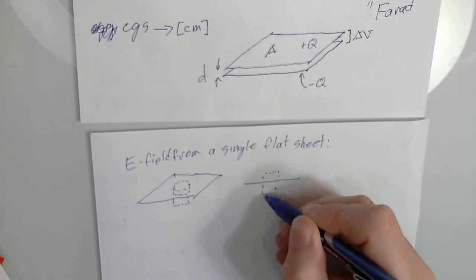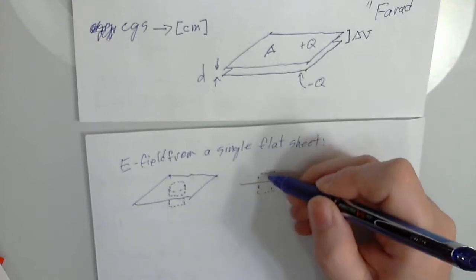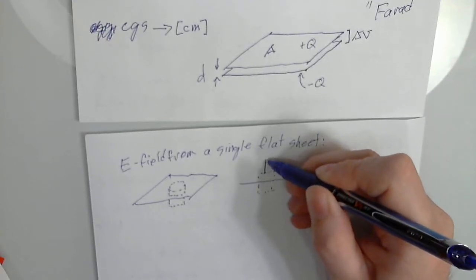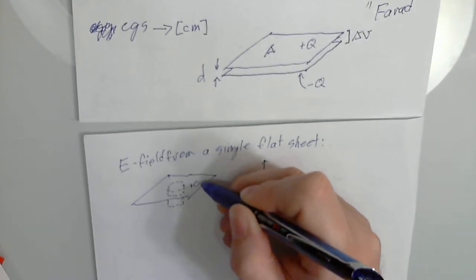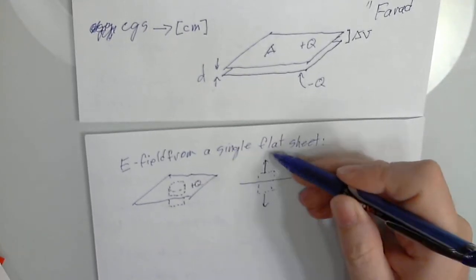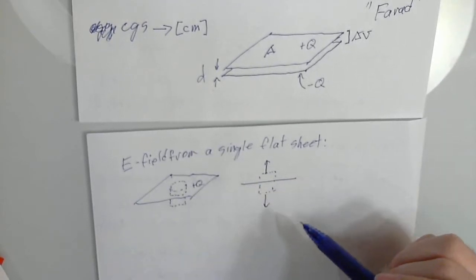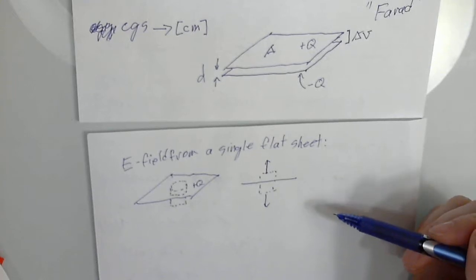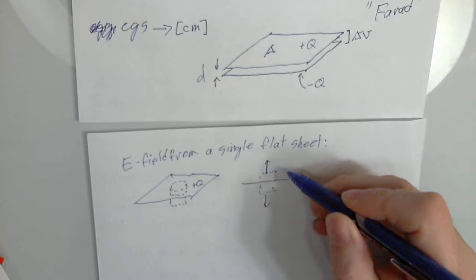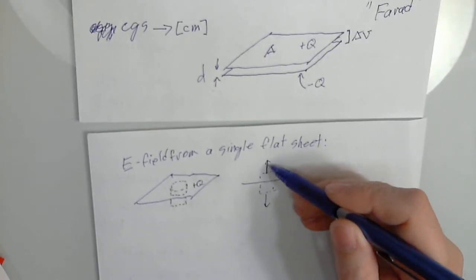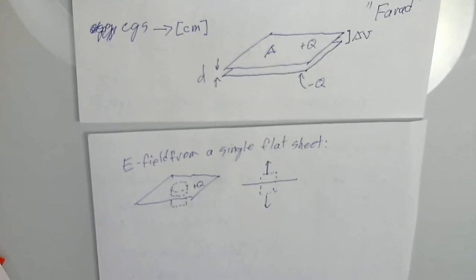So in side view it looks like this, and I calculated way back when that the electric field was pointed perfectly up and down, assuming this had a positive charge. Up when you're above the sheet and down when you're below the sheet, and assuming the sheet is very, very wide compared to the heights involved here, which is to say, think of it as an infinite sheet, then the electric field was constant and doesn't change for any location above or below the sheet.